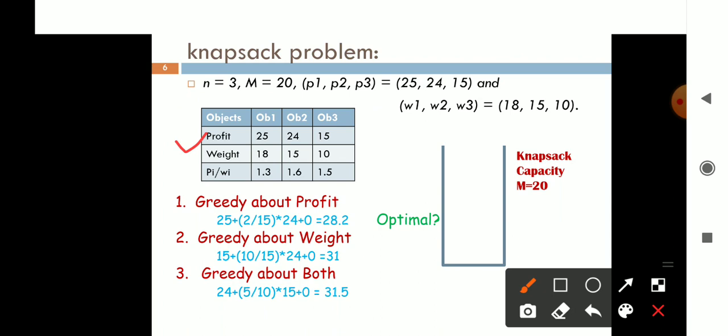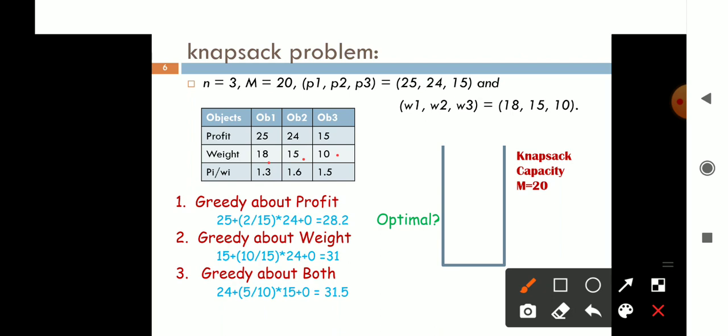Now here we have the weights of the objects. Small w1 means the weight of the first object. The total weight of object 1 is 18, the total weight of object 2 is 15, and the total weight of object 3 is 10. We cannot go beyond that. We can choose the objects only once. We can't go for doubling it.